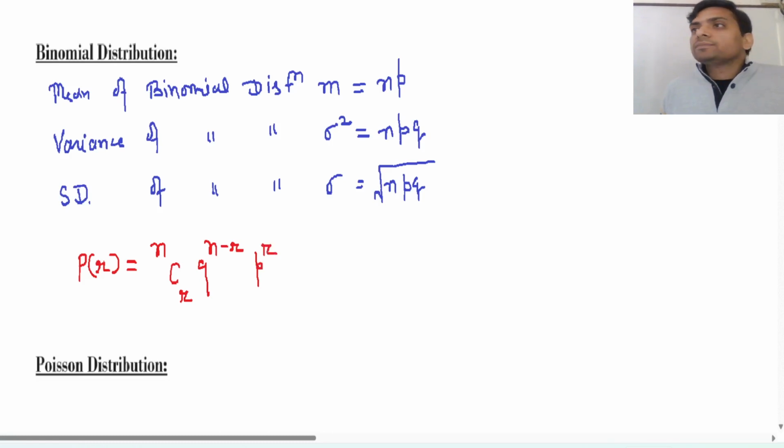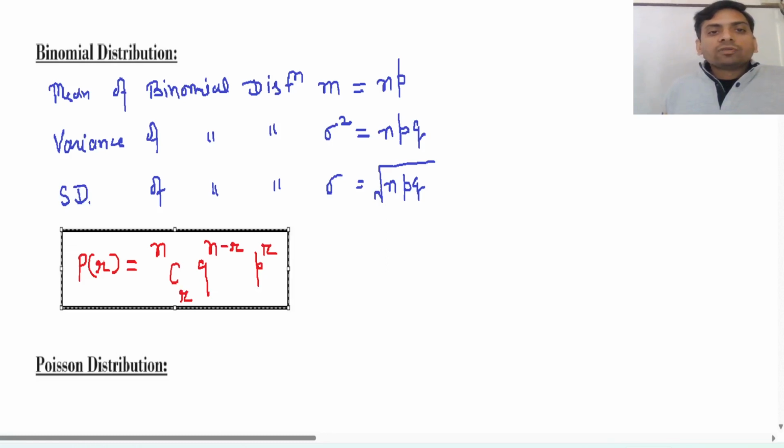This is the formula for probability in case of binomial distribution. I taught in last session when we discussed the case of coin. 4 coins are tossed, then probability of getting 3 heads. Clear? So this is the formula for probability in case of binomial distribution.